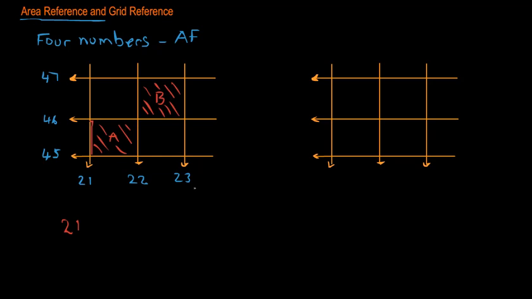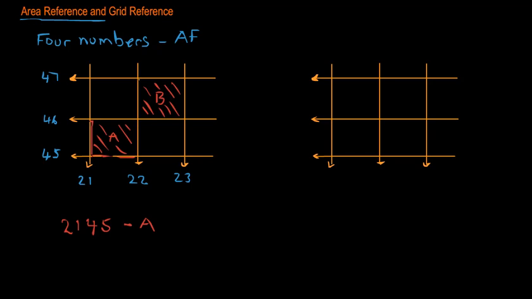We then look at the baseline, and the baseline for that square refers to the number 45. So the area reference for A is 21, 45.